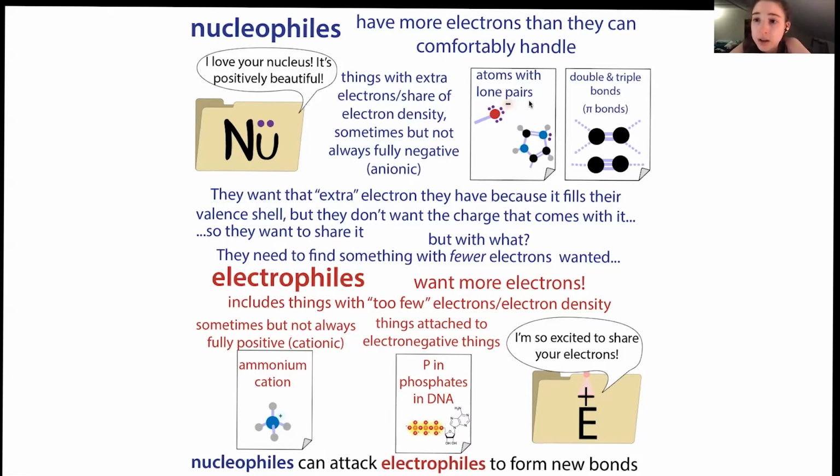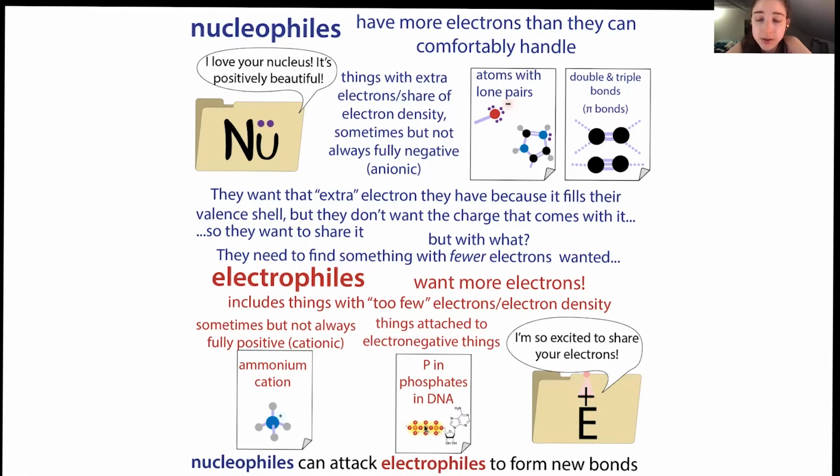And then you need an electrophile. A nucleophile is a perfect match for an electrophile because the nucleophile wants a nucleus, and the electrophile wants electrons, so they're a match made in biochemical heaven.